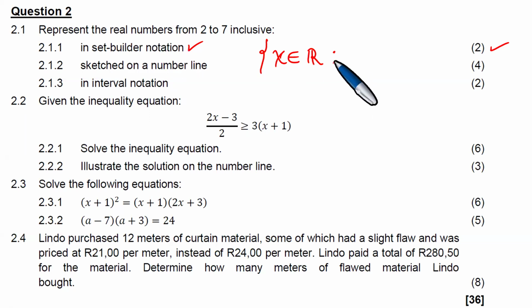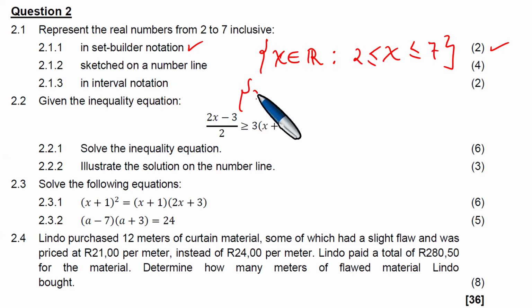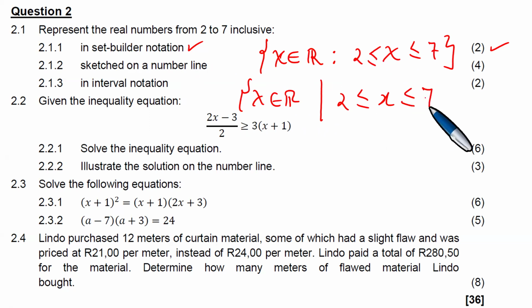So x is an element of the set of real numbers such that x lies between 2 and 7 inclusive, meaning you have the equality there. Or you can say x is an element of the set of real numbers such that 2 is less than or equal to x, less than or equal to 7. This is the set builder notation.